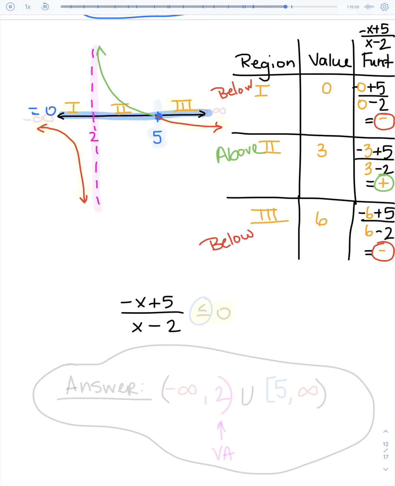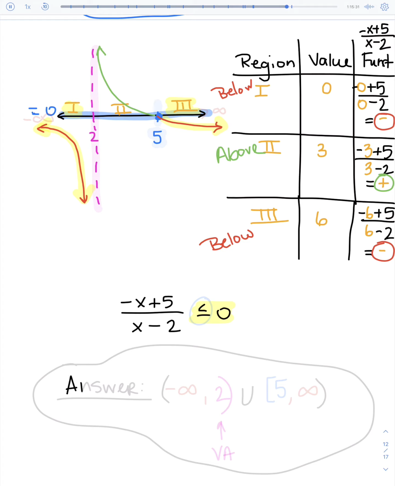It was less than or equal to 0. Which means that we want the part of the graph, when we're saying less than or equal to 0, that's going to be below the x-axis, which means there's two portions of our graph that do that, the first region and the third region.